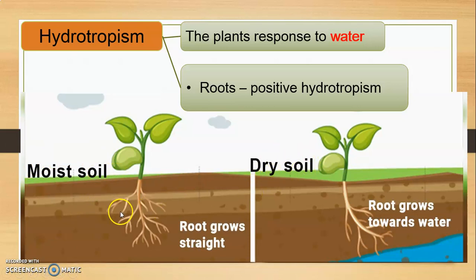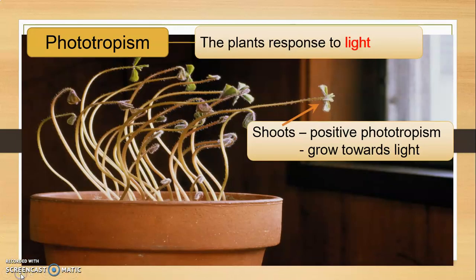What happened? The root grows straight because the soil is moist and water is everywhere. In the dry soil, the roots grow towards the water. The root will find the water and grow towards it. So the root shows positive hydrotropism.